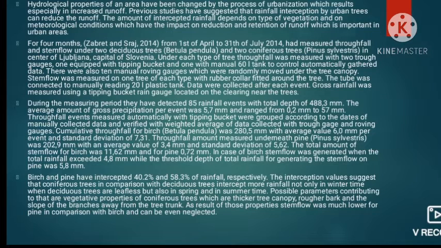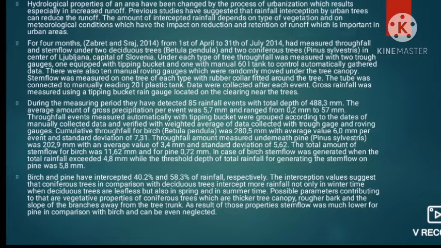Throughfall amount measured underneath pine, Pinus sylvestris, was 209 mm, with an average value of 2.5 mm and a standard deviation of 5.62. The total amount of stemflow for birch was 11.62 mm and for pine 0.72 mm.